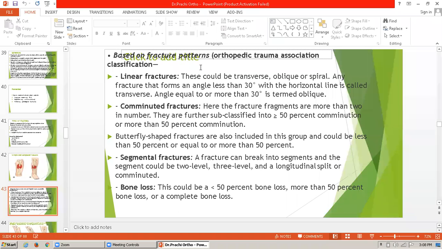Based on the fracture pattern, the classification is linear fracture, comminuted fracture, segmental fracture, and bone loss.